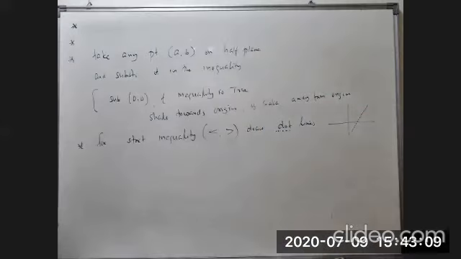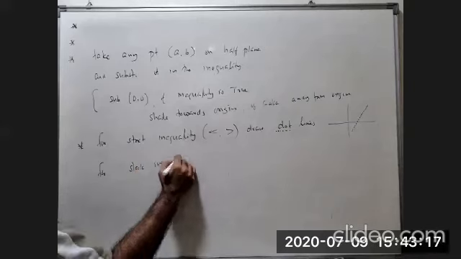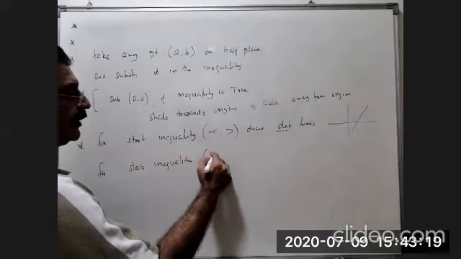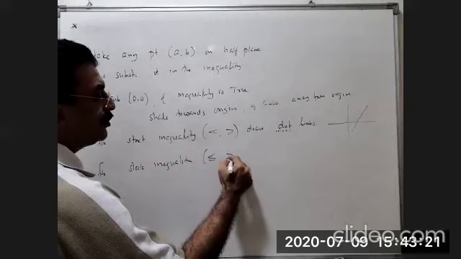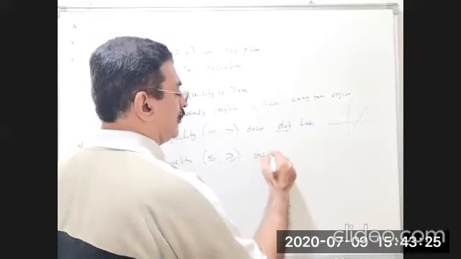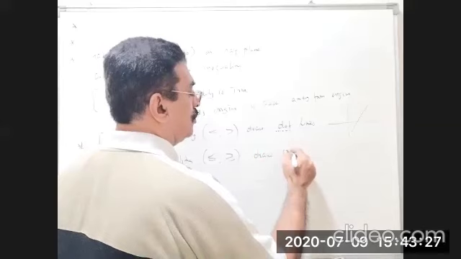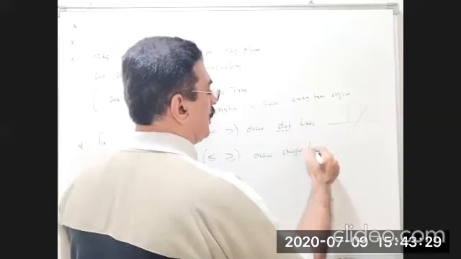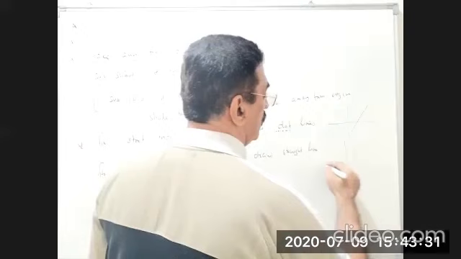For strict inequalities, draw dotted lines. For slant inequality, less than or equal to, draw straight lines. That means draw the straight lines.